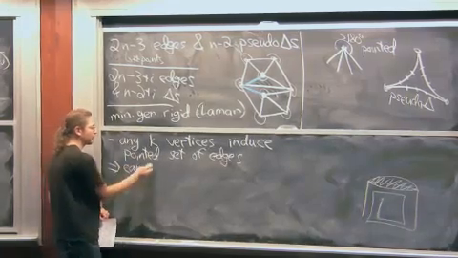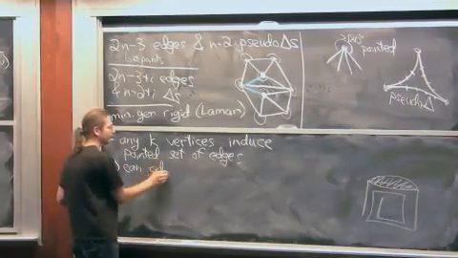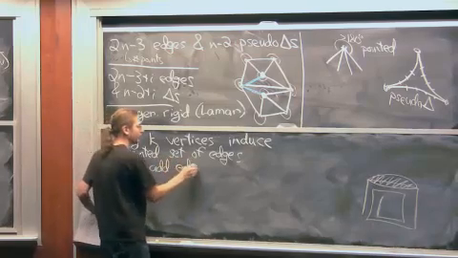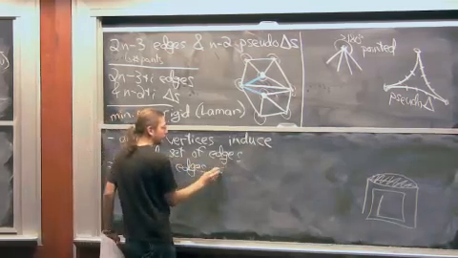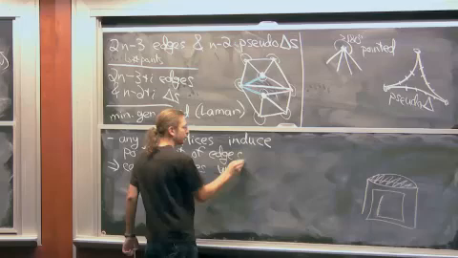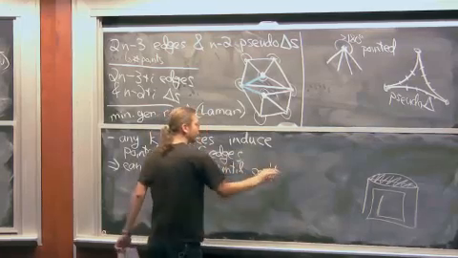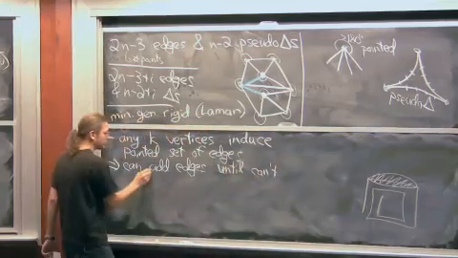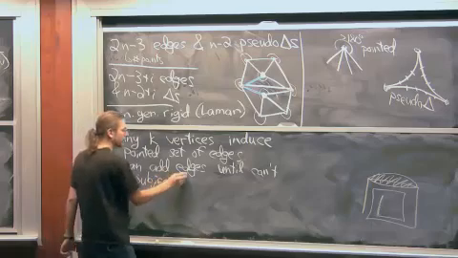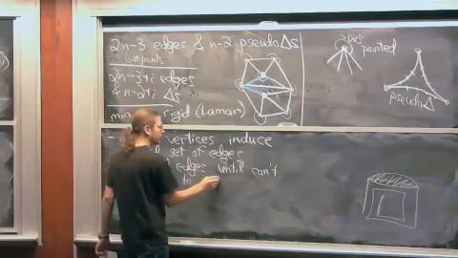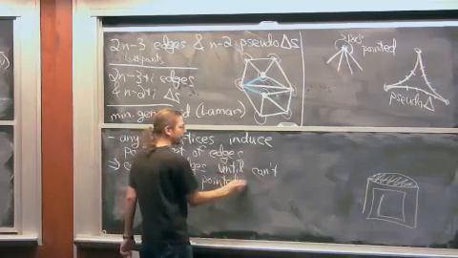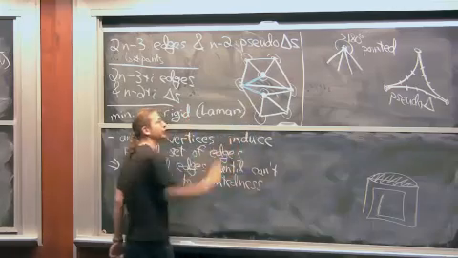As long as you're pointed, you can add edges until you can't add edges, subject to the pointed constraint. At all times preserving pointedness. This is what I did to generate this triangulation in the first place.